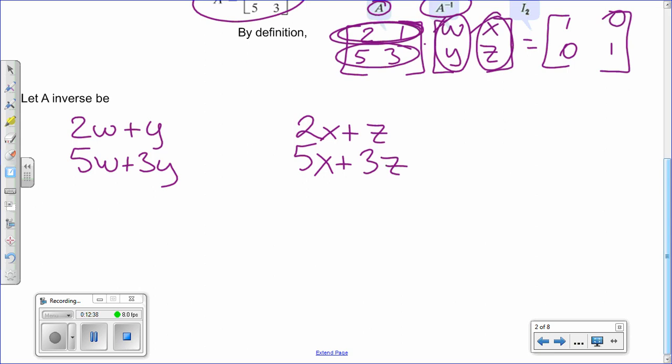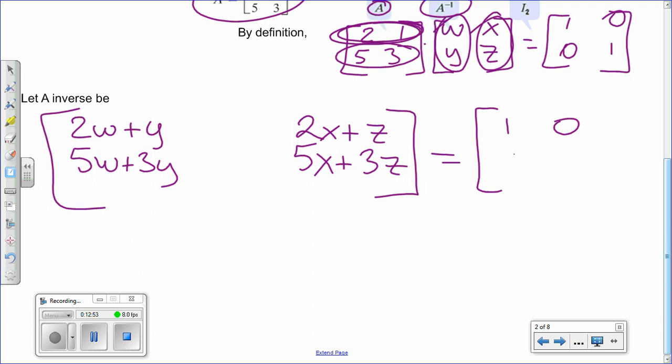Now based on the location or the address of those entries, you'd replace it with the numbers. So that equation will equal 1.